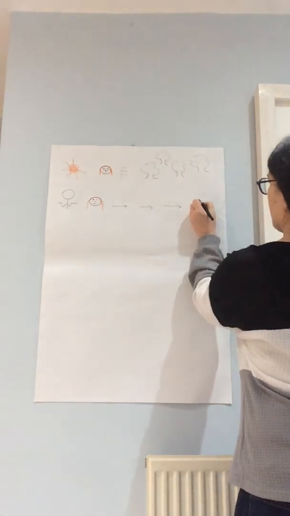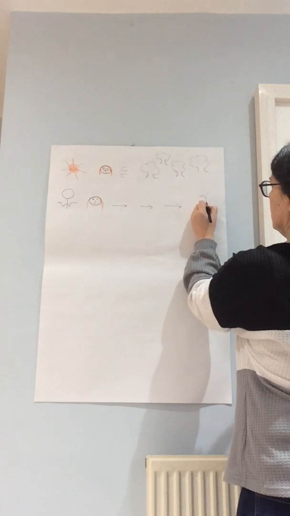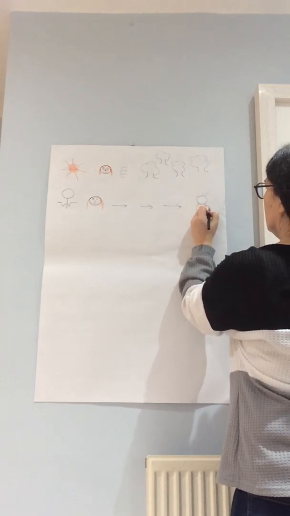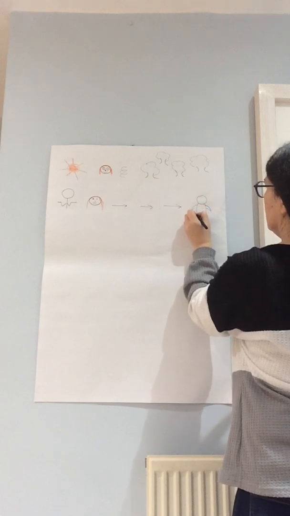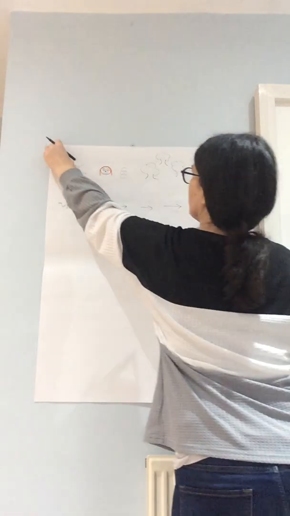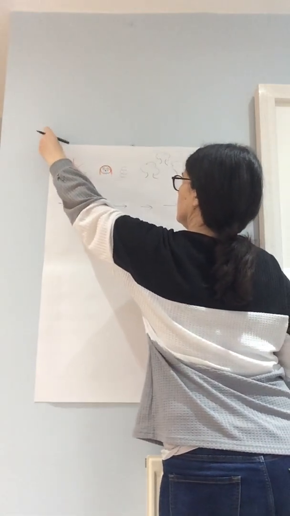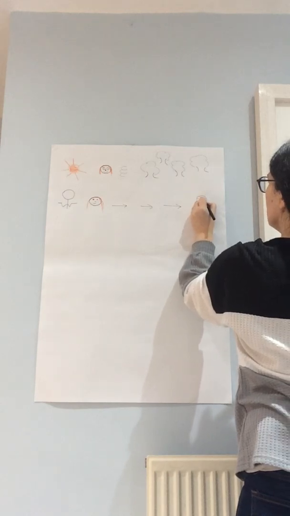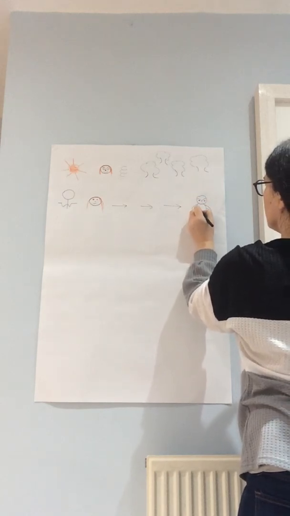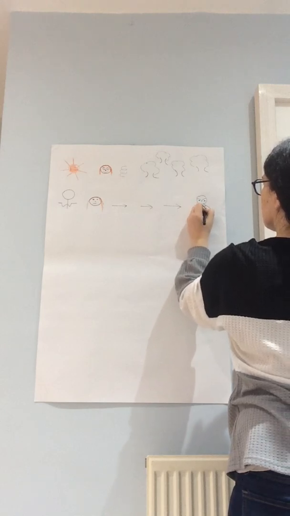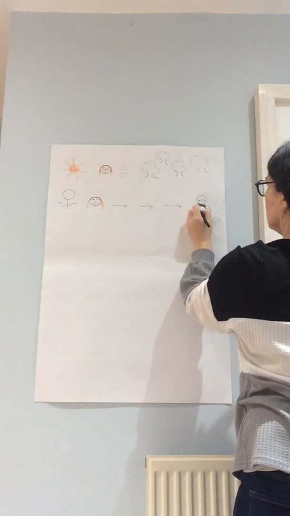See if we can draw a quick penguin. Oh, the paper's going to fall off the wall. Pop it back on. There we go. There's my penguin. Colour his tummy in a little bit black so we can tell he's a penguin.